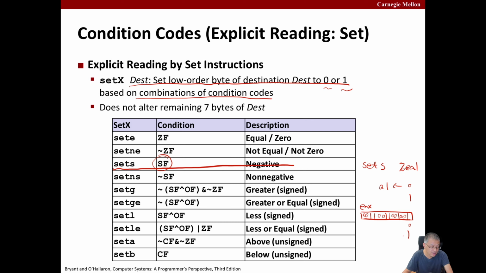It will not change the other higher order bytes. So this will be byte 3, byte 2, byte 1, byte 0. It will only change byte 0. It will not change byte 1, byte 2, byte 3, or those higher order bytes.